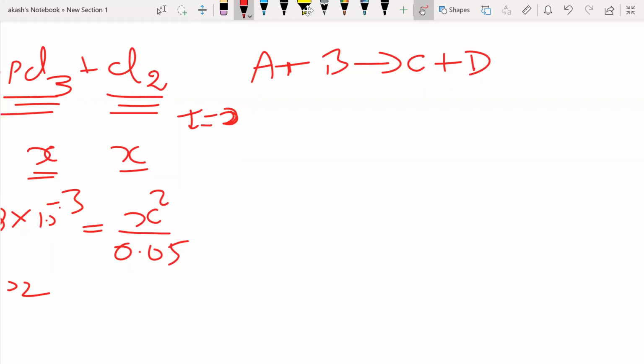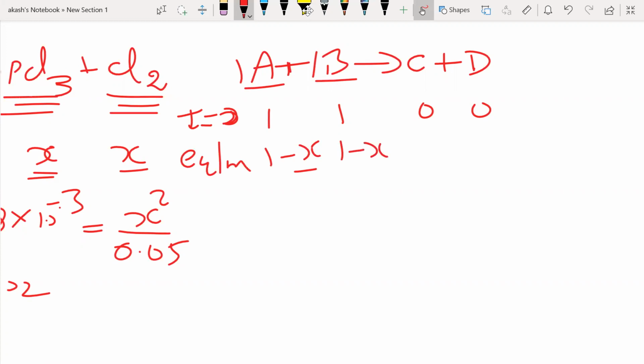So the question tells us that 1 mole each of A and B are taken, and C and D are 0. When I go for equilibrium, I don't know how much has reacted, so some X would have reacted. From the stoichiometry, 1 mole of this requires 1 mole of this, so X moles would have required X moles, and this will be remaining. And 1 mole gives 1 mole, so X moles will give X moles.